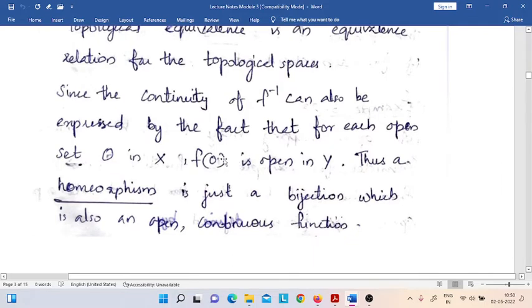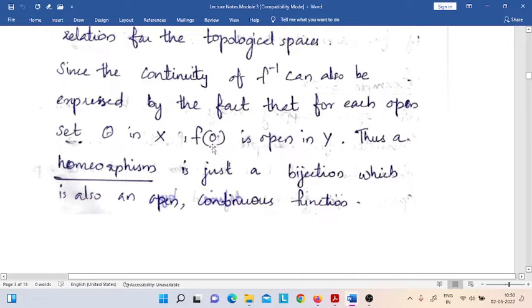Therefore, we can restate the condition for a function f defined from X to Y to be a homeomorphism: f must be 1 to 1, f must be onto, then f is continuous and f is an open mapping.